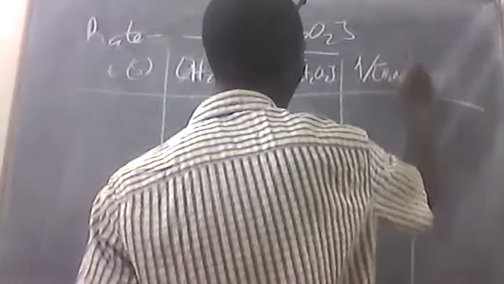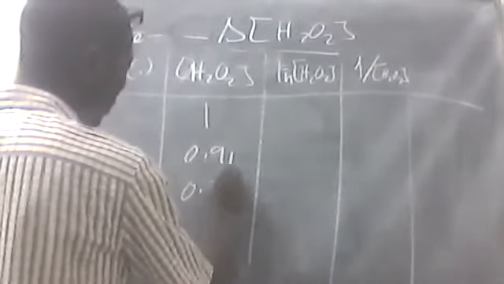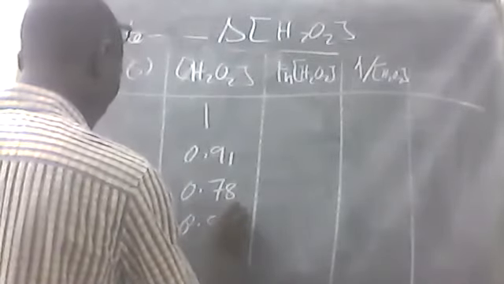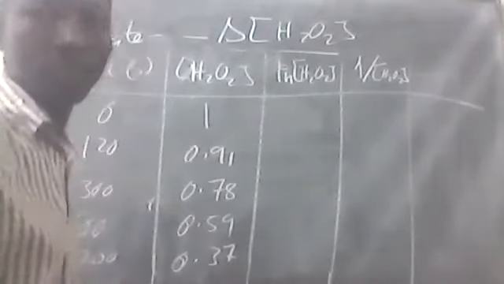The concentrations that we have are 1, 0.91, 0.78, 0.59, 0.37, and the times are 300, then 600, 1,000, and this goes on.